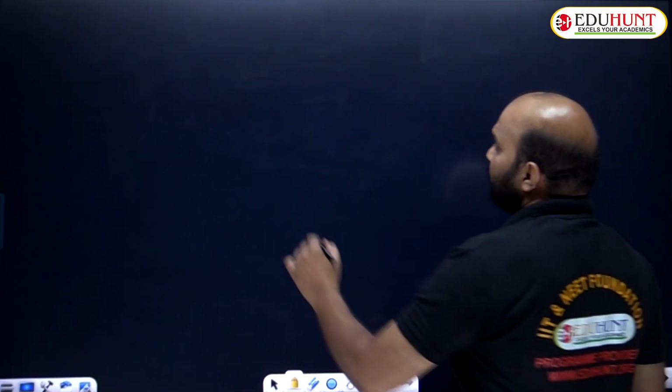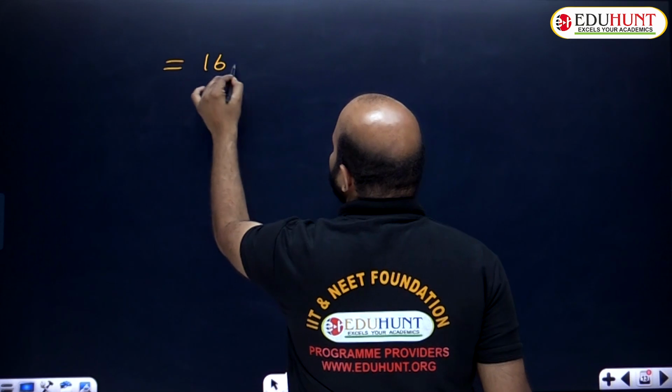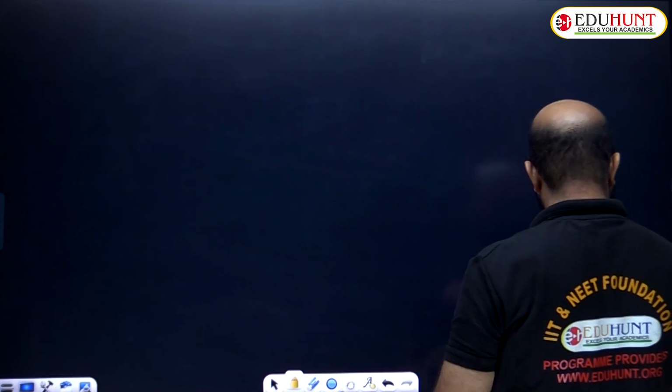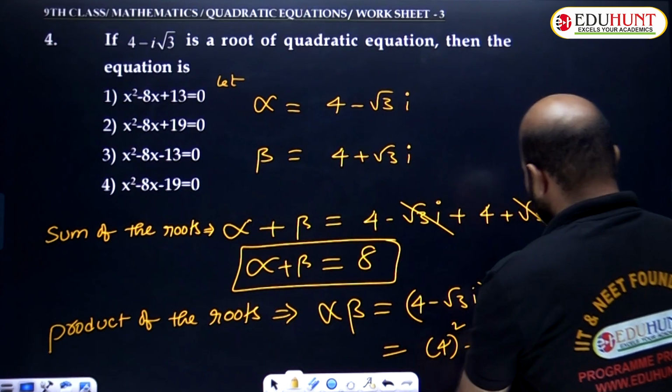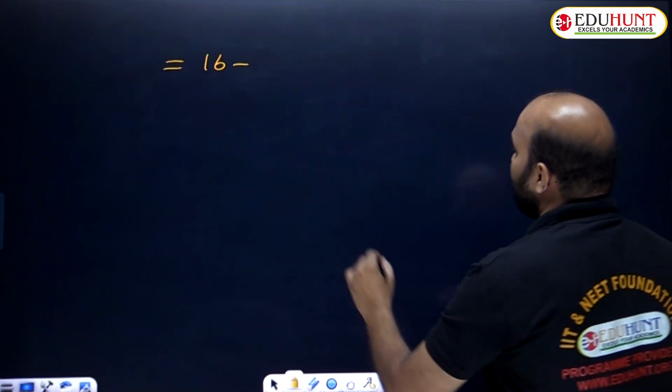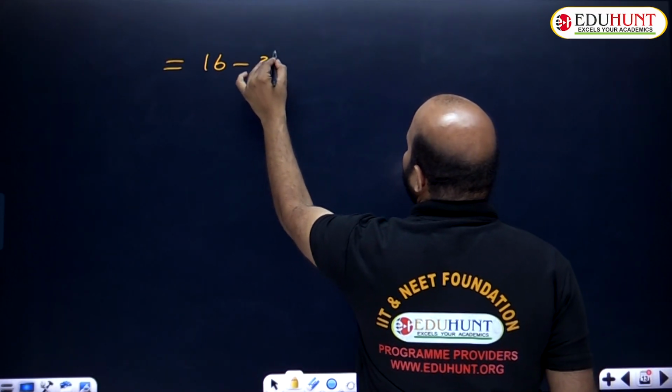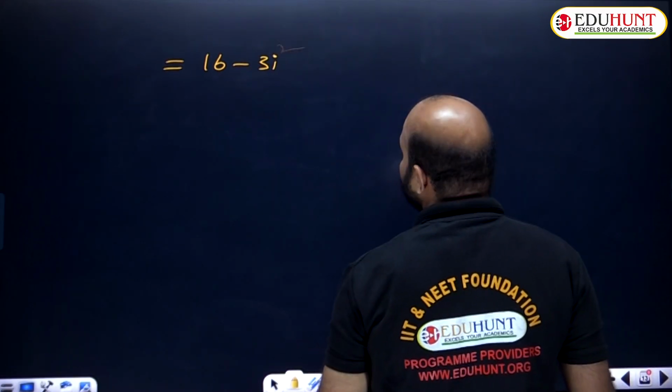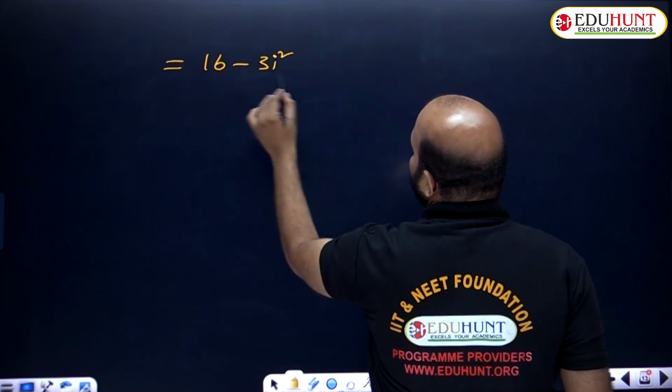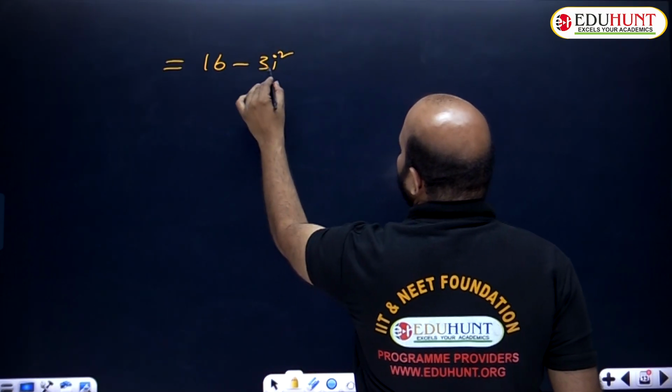Also it can be written as 4 square, value 16, minus root 3 i whole square. Root 3 i whole square can be written as 3 into i square. Root 3 and square cancel. So 16 minus 3 i square.